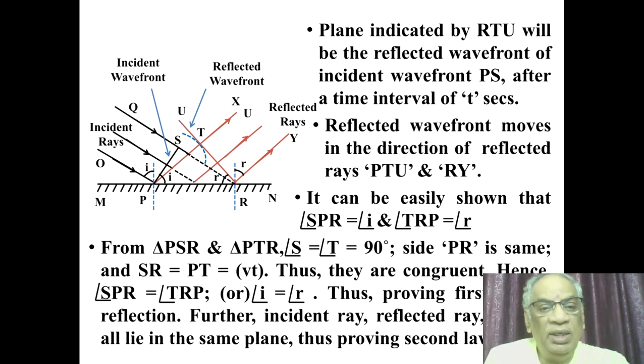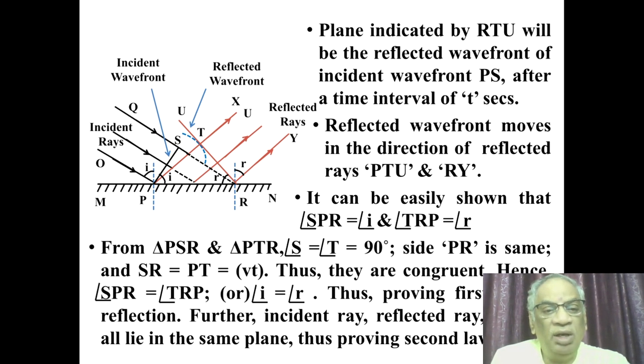The plane indicated by the points R, T, U will be the reflected wavefront of the incident wavefront PS after a time interval of t seconds. The reflected wavefront moves in the direction of reflected rays PTU and RV.